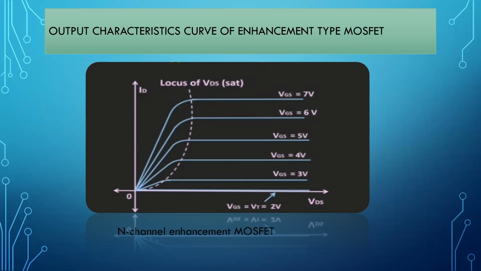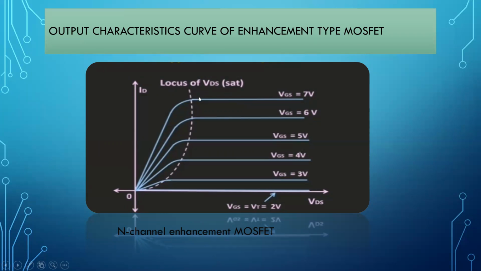As the value of VGS increases, the ID current will also increase, and this parabolic curve shows the locus of the voltage VDS where the drain current ID will get saturated.